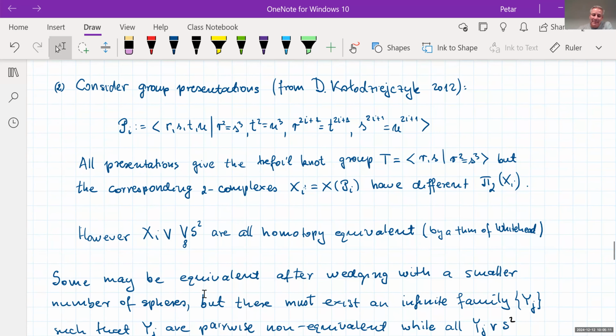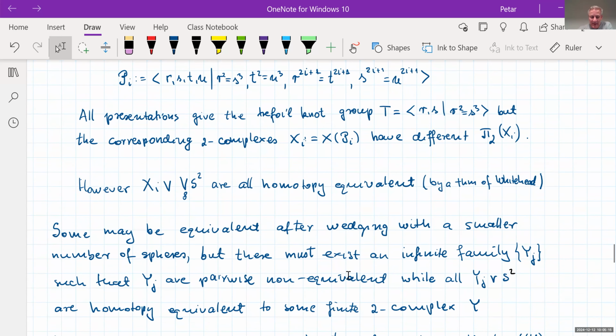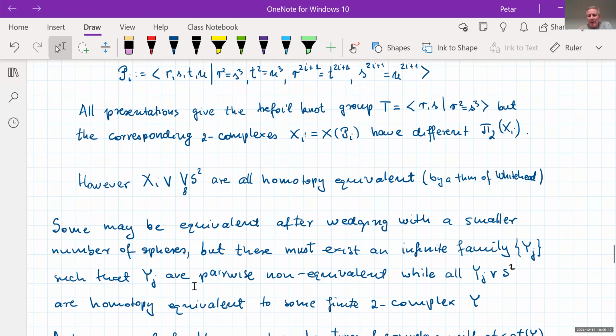So you just take the penultimate one before it stabilizes. You have an infinite family of spaces which are not homotopy equivalent among themselves, but when you add one sphere, they become homotopy equivalent to some fixed two-complex Y.